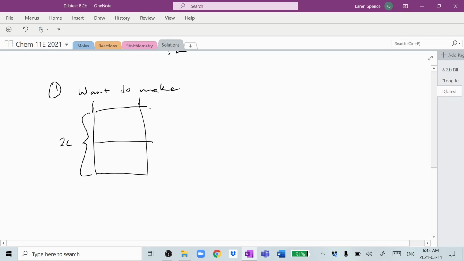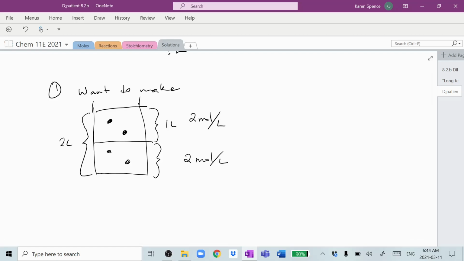So this is 1 liter, and I want it to be 2 moles per liter. So that's going to be 2 moles in this liter. And I'll also have my other liter of solution, which is also 2 moles per liter. So there's going to be 2 moles in that liter. So in order to have 2 molar solution in 2 liters, we're actually going to need 4 moles of our dots.